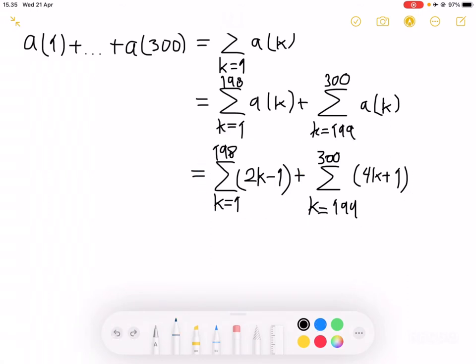Alright, so there are many ways to evaluate each of these summations, and here is one of them. I'm just going to use some summation properties, or sigma properties. So first we can separate the terms of these summations. We can separate 2k as one summation, and then minus 1 as another summation.